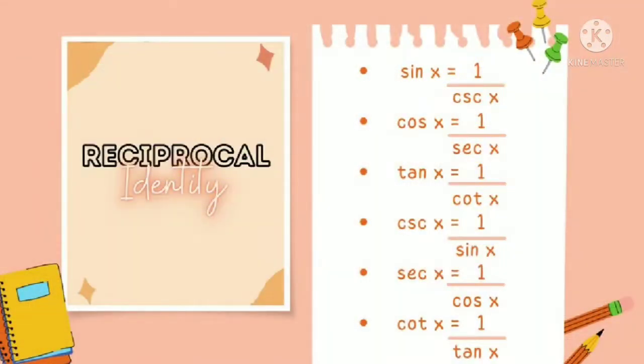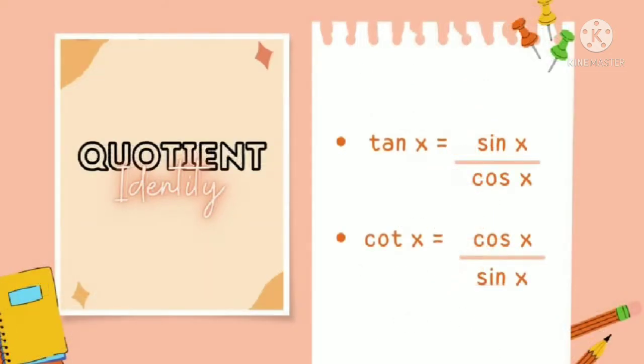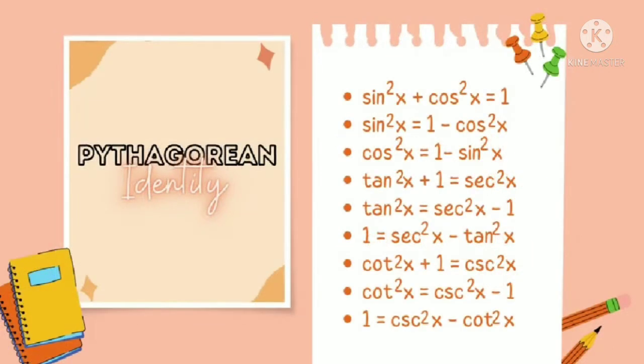We have the reciprocal identity, the quotient identity, and the Pythagorean identity. Knowing these identities will be a big help to prove problems involving trigonometric functions. Now that you know the meaning of trigonometric functions and its identities, let's now solve and prove some problems involving this topic.